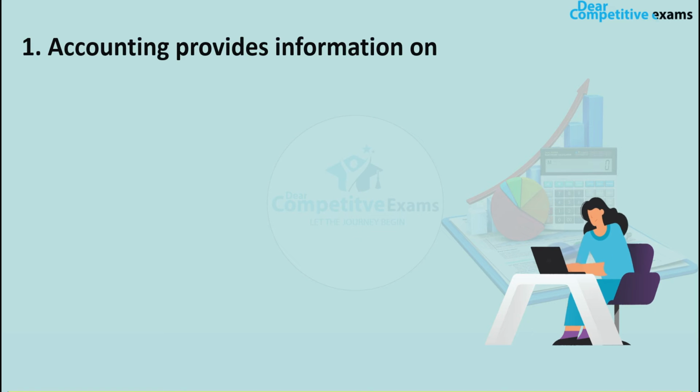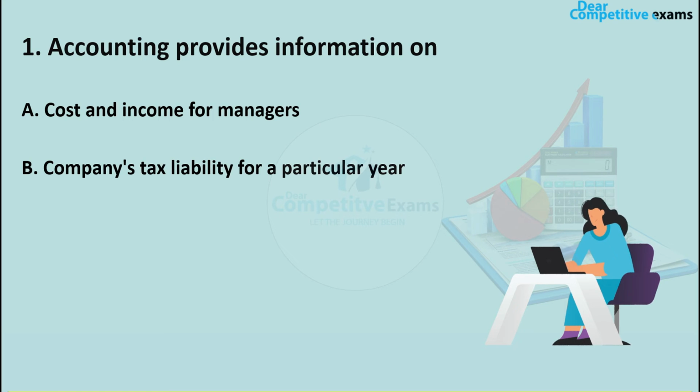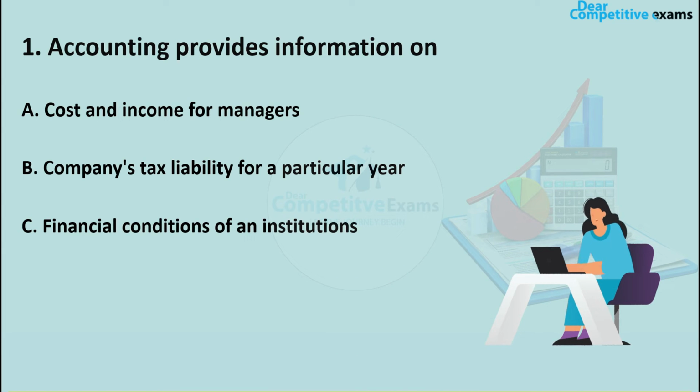The first question is, accounting provides information on what? Is it cost and income for managers, or the company's tax liability for a particular year, or the financial condition of an institution, or all of the above?